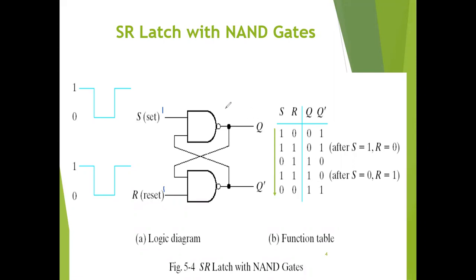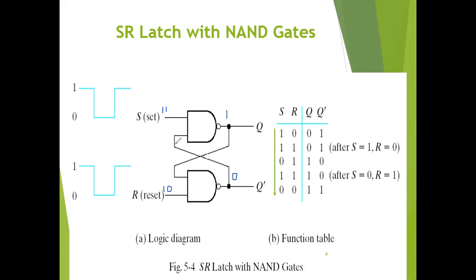Output Q is also 1 and Q prime is 0. And when we change the input from 1 1 to 1 0, S is equal to 1 and R is equal to 0, then the output will be changed from 1 0 to 0 1, as in the case of NAND gate.